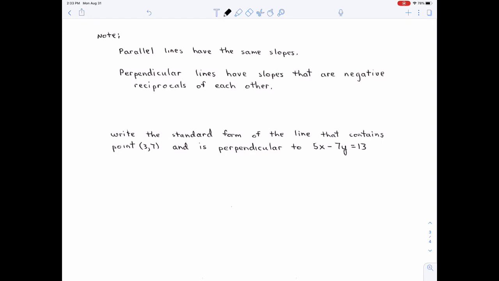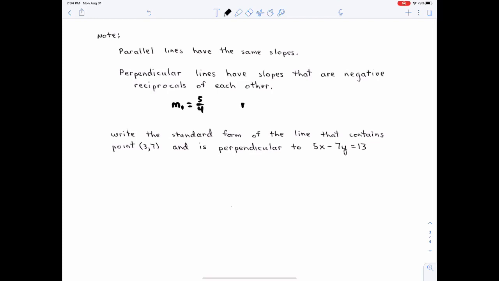slope. So if I tell you one line has a slope of 1/2, and another line is parallel to it, then its slope is 1/2. Perpendicular lines have slopes that are negative reciprocals of each other. Now I'm going to write something down, but you don't write this down. Let's say I tell you the slope of one line is 5/4.